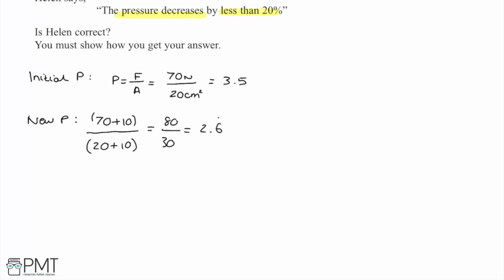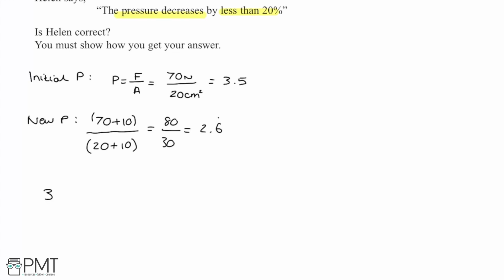So now we've got our two pressures, we need to look at a way of comparing them. If we're looking to test whether the pressure is decreased by more or less than 20%, we could take the initial pressure and see where a 20% decrease would take us to.